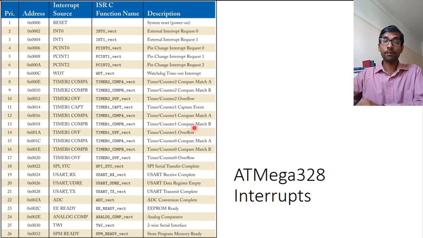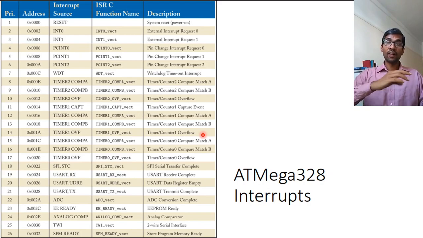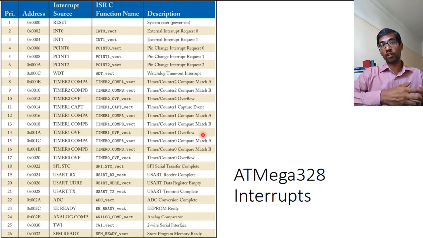Okay, so for example, remember what we talked about timer overflow? So here's an interrupt which happens whenever the timer overflows. So whenever you have a timer overflow, an interrupt is generated. And you can code such that as soon as the overflow happens, you want some action to happen in your microcontroller code as a response to that.